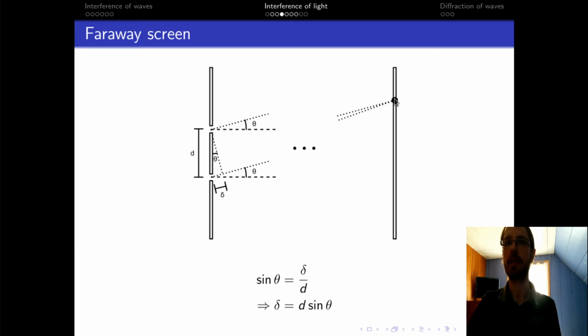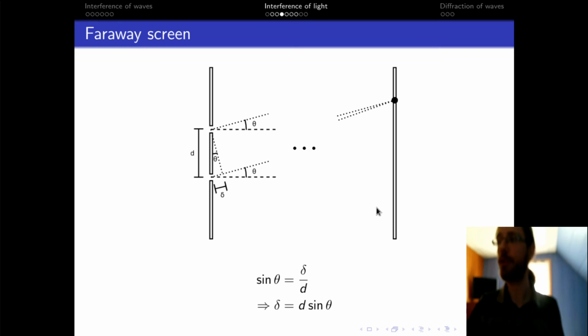So travel some distance from here to here. And this one started here, travels here towards here. They do not travel the same distance, the bottom one, since I put the dot above the middle. The wave starting at the bottom slit has to travel a longer distance than the other.